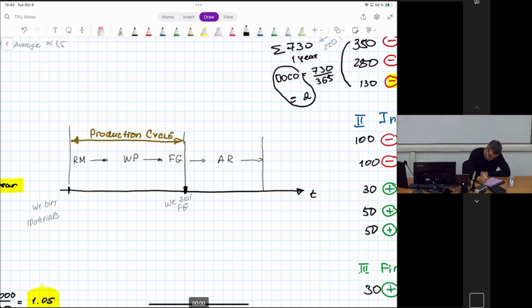And here's a moment in time where we get money from sales. Well, we get money for finished goods, from accounts receivable. We get money from finished goods when they pay accounts receivable. Okay?